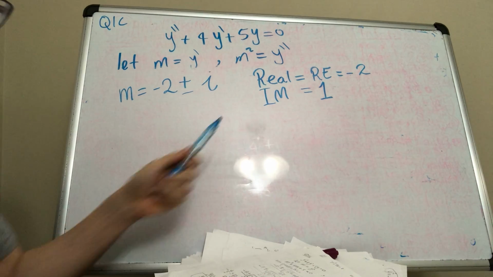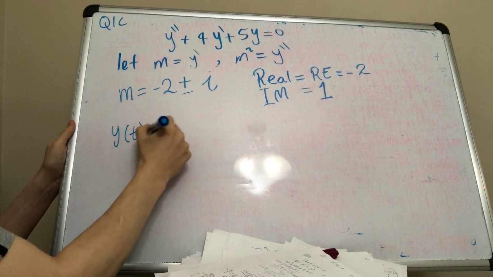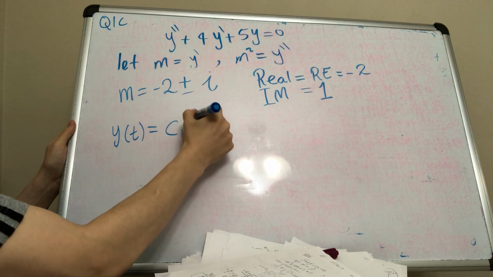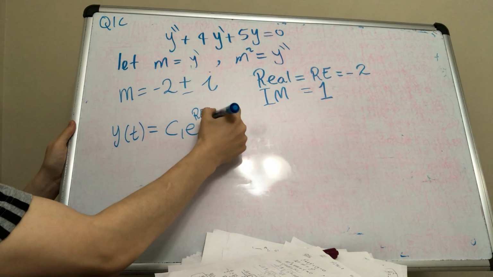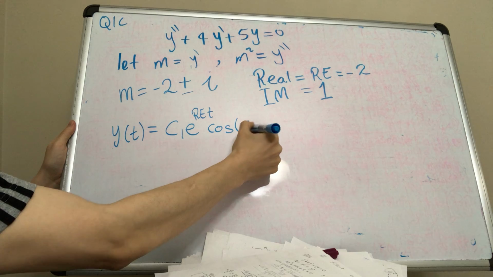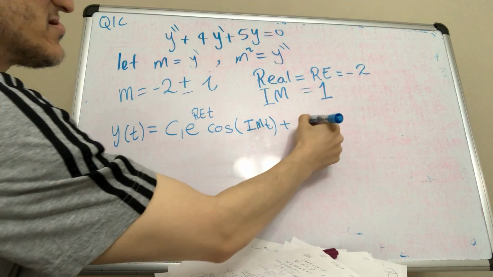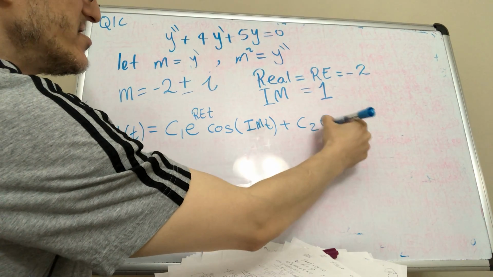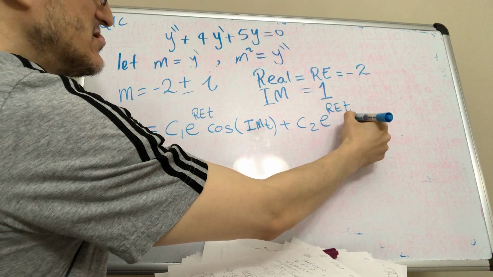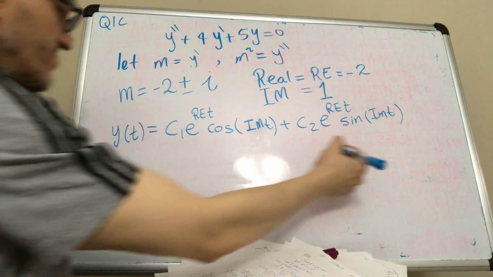In case you have real and imaginary parts, your general solution is constant 1 times e to the real times t, cosine of imaginary t, plus constant 2 times e to the real times t, sine of imaginary t.